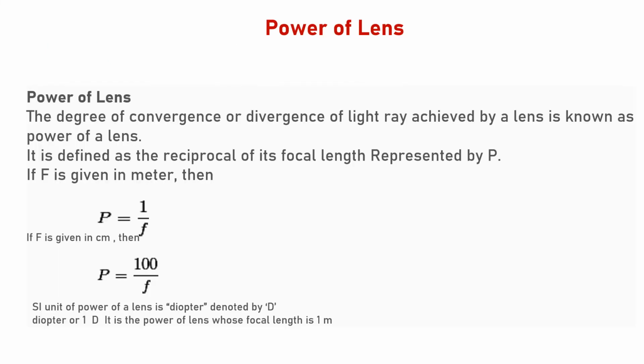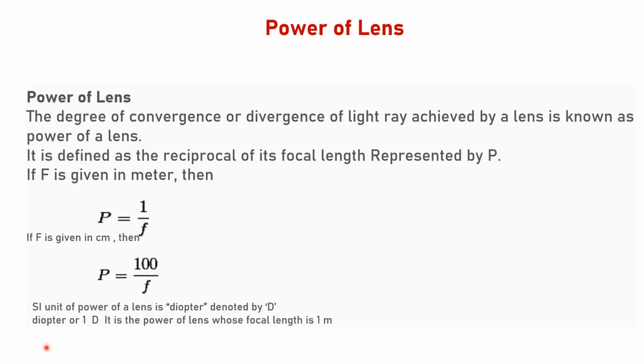Now let's do the power of lenses. The power of lenses is the degree of convergence or the divergence. The degree of convergence and divergence of light ray achieved by the lens is known as power of lenses, right? How much the ray is converged, how much the ray is diverged. Okay, so that is nothing but the power of lenses.